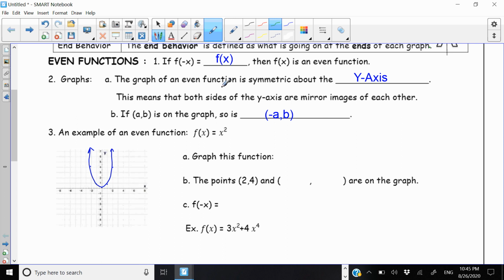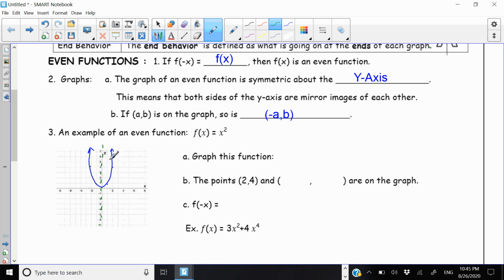The graph of an even function is symmetric about the y-axis, like this one that you see here. So this is the y-axis over here, and these two sides of the graph on the left and right side of this y-axis are exactly like each other. They're a mirror of each other.